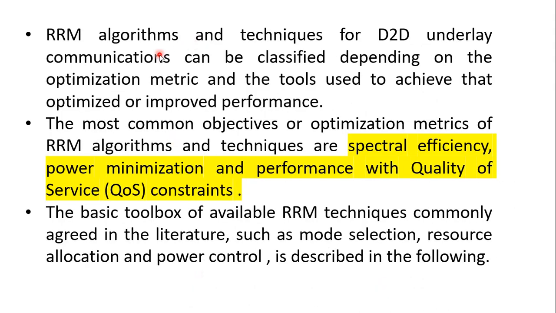Next, RRM algorithms and techniques for D2D underlay communication can be classified depending on the optimization metric and the tool used to achieve that optimized or improved performance. The most common objectives or optimization metrics of RRM algorithms and techniques are: first is spectral efficiency, second is power minimization, and third is performance with quality of service constraints.